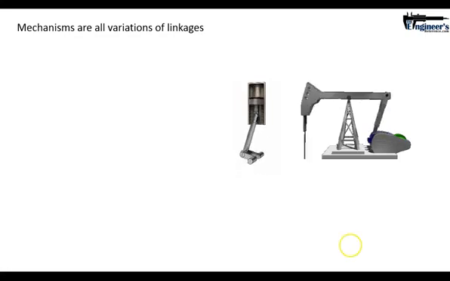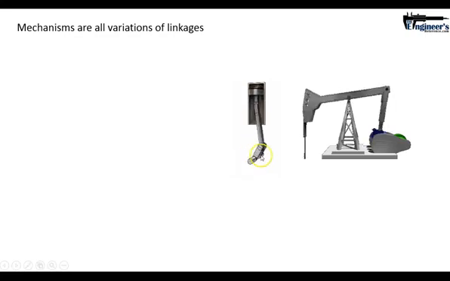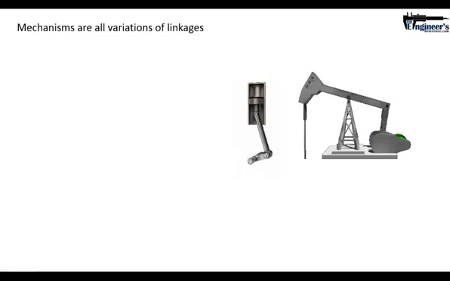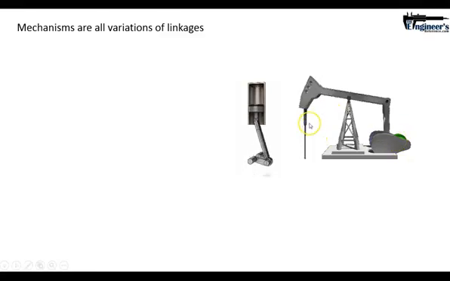You can see here over at the right we have a piston, which is just a series of bars and a slide with the piston head going up and down, and some sort of pin that keeps the whole thing grounded, so the motion becomes predictable. Over here to the right of that is an oil derrick. Again, it has a very predictable motion that we want.